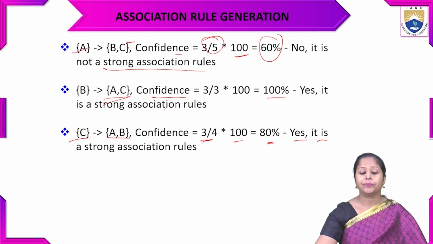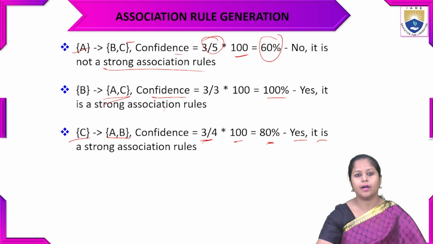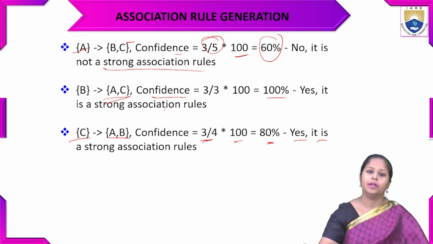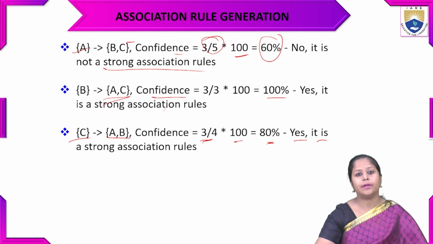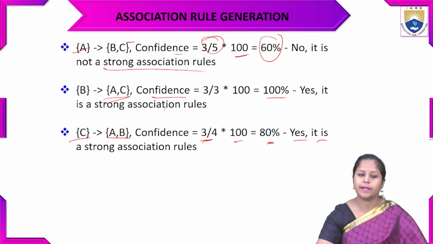So from this example we can understand how to write association rules for these four transactions, how the frequent item sets are generated, and then how we make association rules, and from the minimum thresholds for support and confidence, how we get the strong association rules.